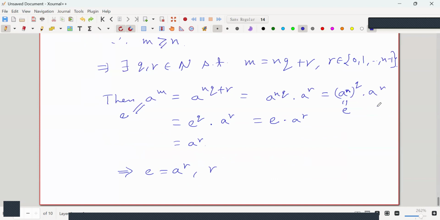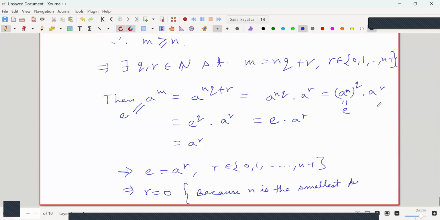So this implies r has to be 0 because n is the smallest positive integer with a^n to be identity.